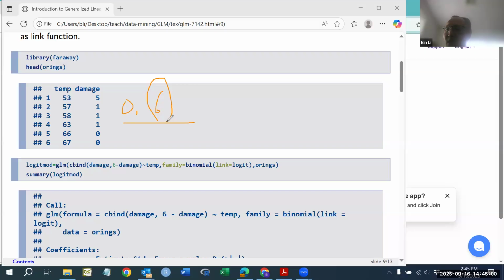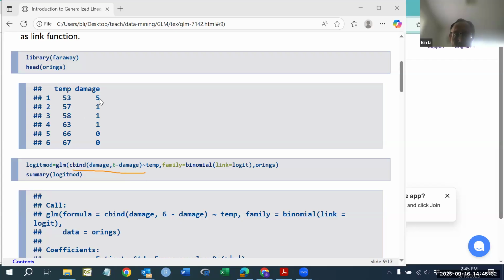So it cannot go beyond 6, and it cannot go below 0. 0 is the perfect case, no damage at all, and 6 is the worst case. So to do that, we can use logistic regression, right? So here, wait a minute, I use the GLMs.